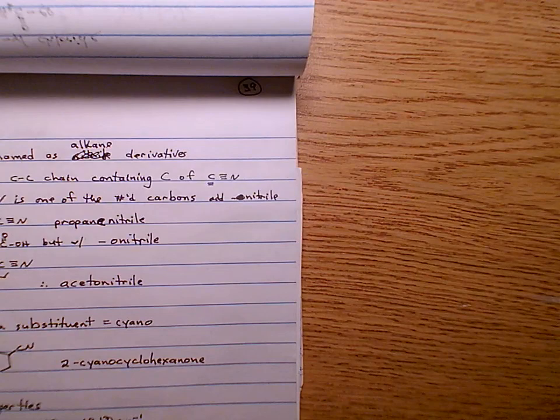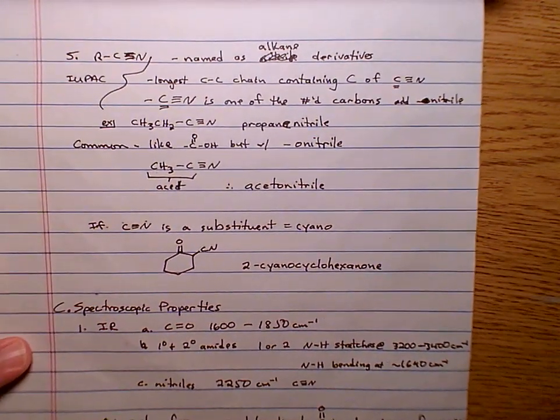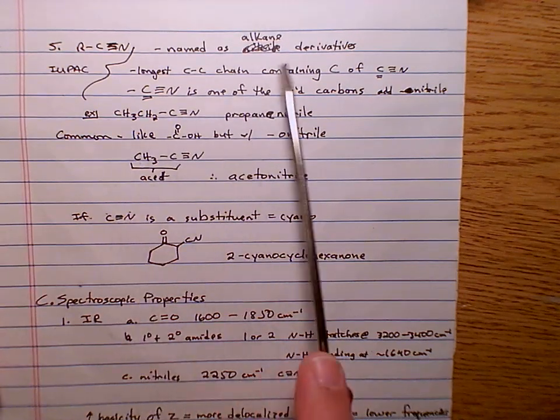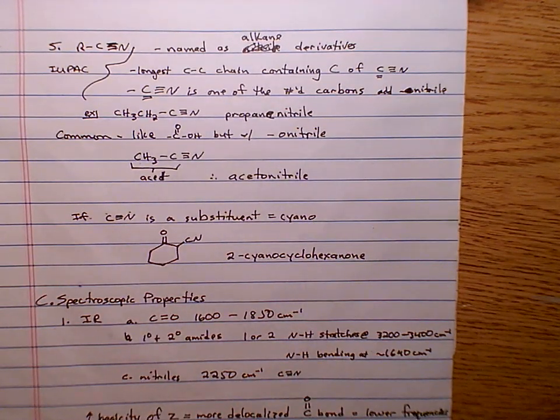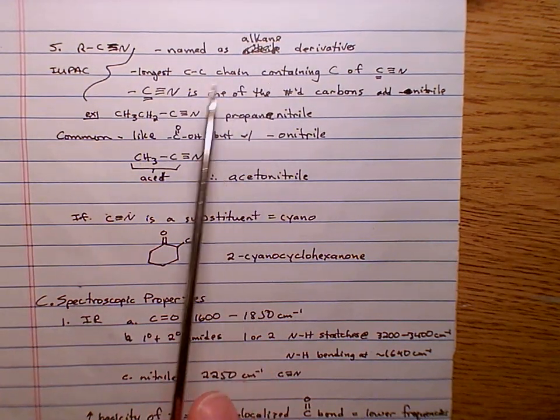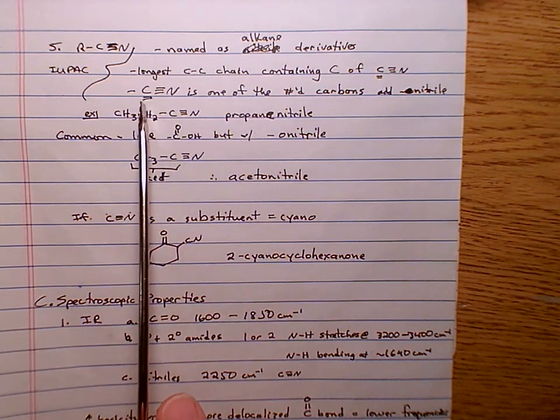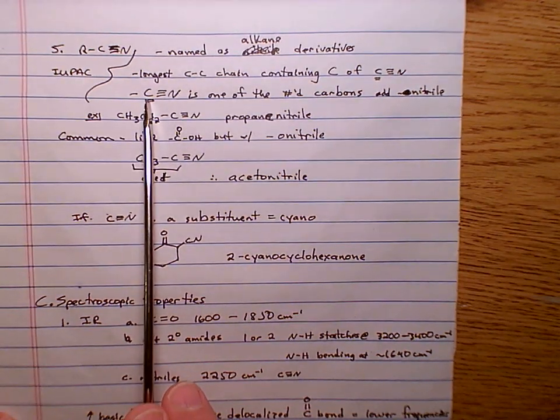All right. Nitriles. Let's name some nitriles here. Nitriles are named as alkane derivatives, just a standard IUPAC name. This carbon is part of the longest chain, just like before with alcohols.